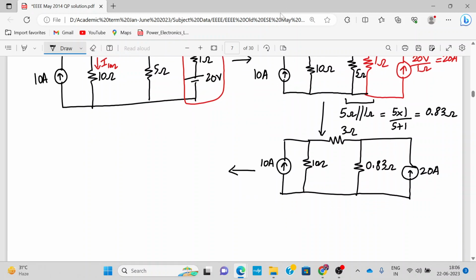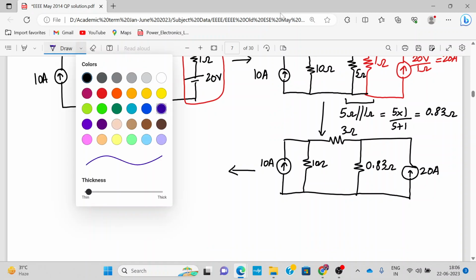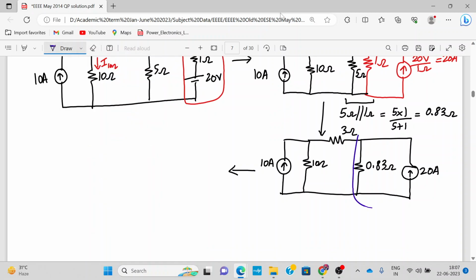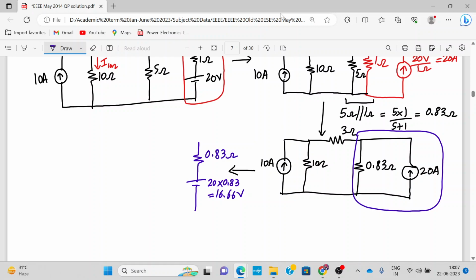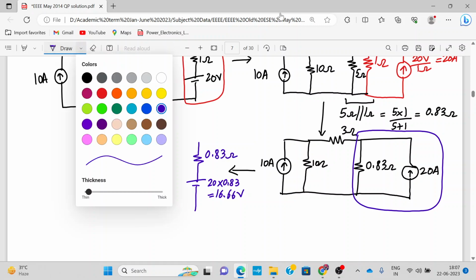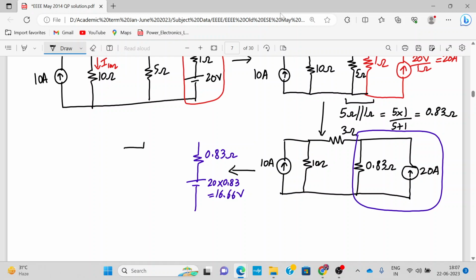Now again, these two parallel elements will be converted into a voltage source, and the value of the voltage source will be 20 into 0.83. That will be 16.66 volt, correct? The value of the resistance will be the same, and the rest of the network you connect it.